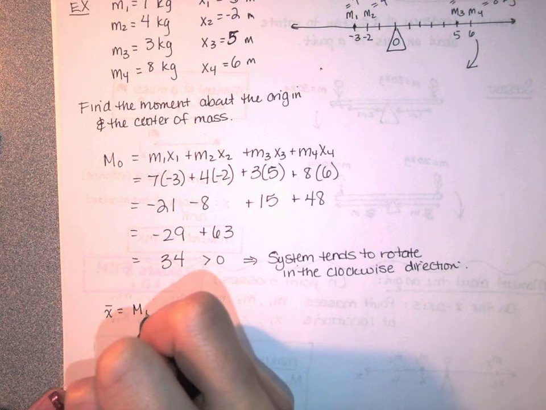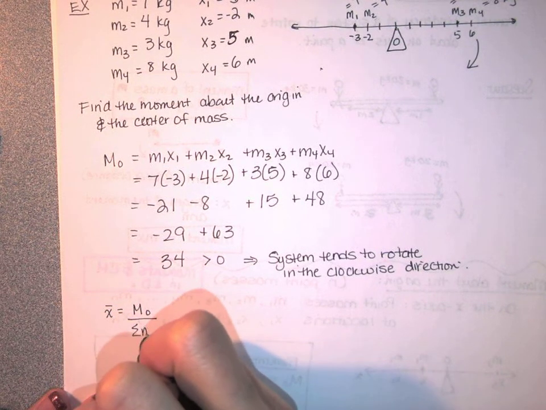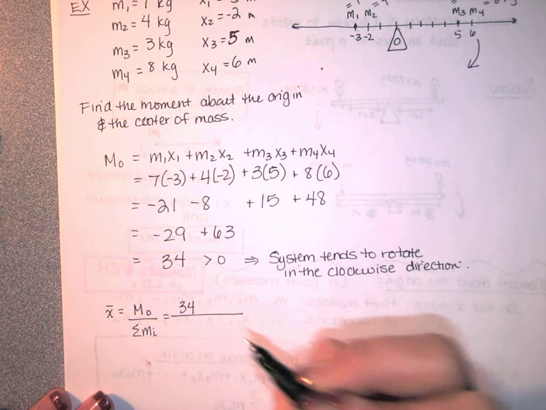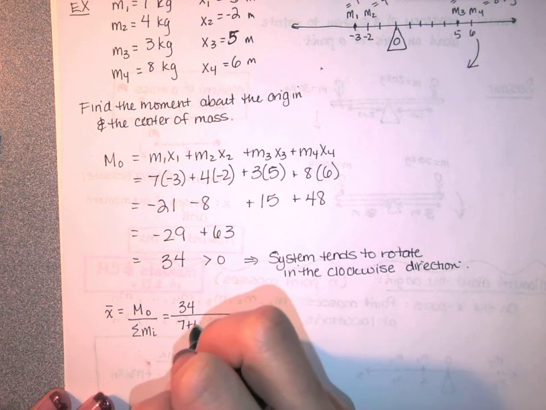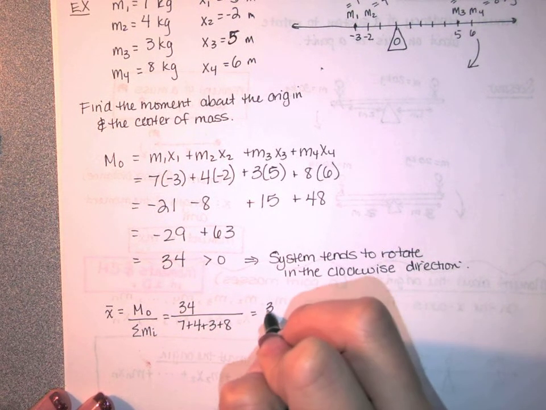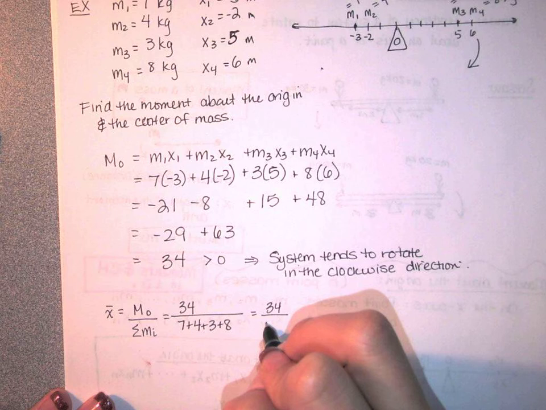X bar is the moment about the origin divided by the sum of the masses. Now we already found the moment about the origin. The sum of the masses is 7 plus 4 plus 3 plus 8. So it's 11 and 11, that's 22.